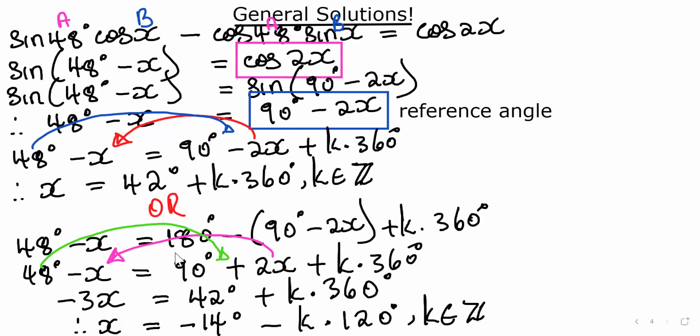You'll see that they're correct if you substituted any value of k that you like in both of them, and you'll see that the values of x that you get will be exactly the same. So yes, the general solutions might differ, but both of them are equally correct. And if you said this, the marker is going to be so happy that it gives you all the marks.